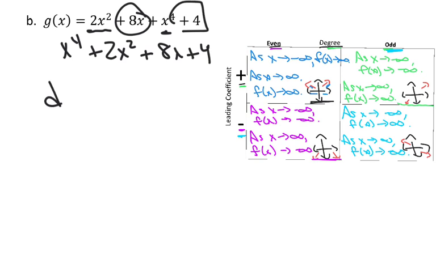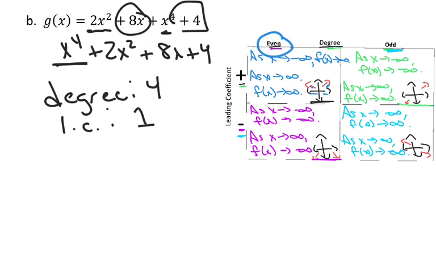So that way now we're in order and we can say our degree is 4, that's our highest exponent, and our leading coefficient, that would be like having a 1 out in front. So now our degree is 4, which is even. Our leading coefficient is 1, which is positive, which means we're looking at this top right-hand box from our chart.